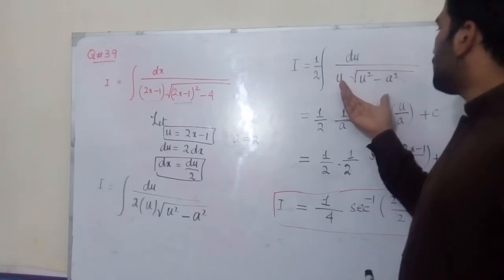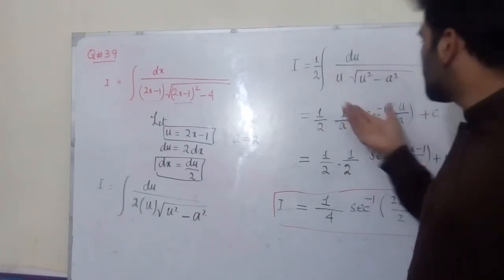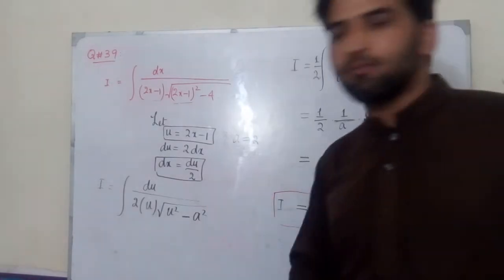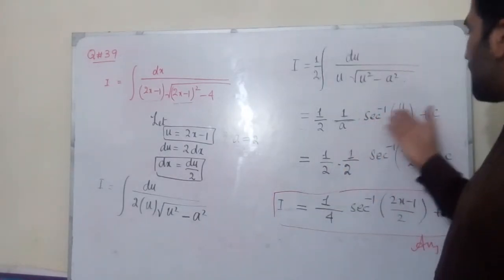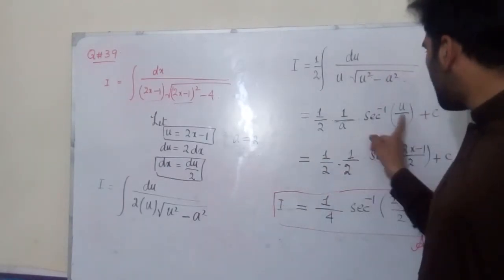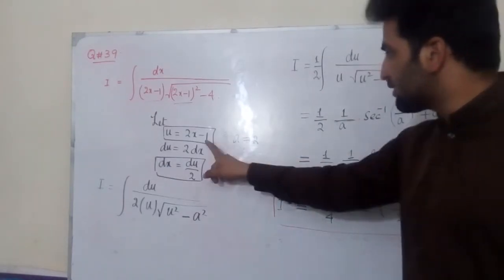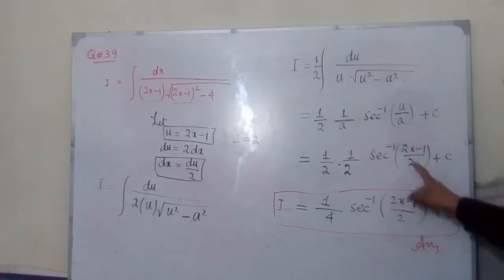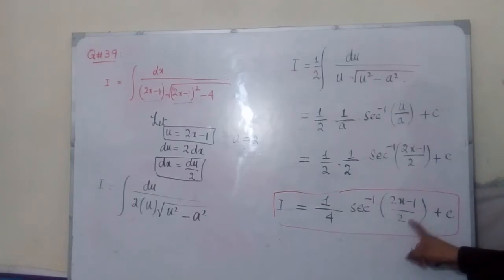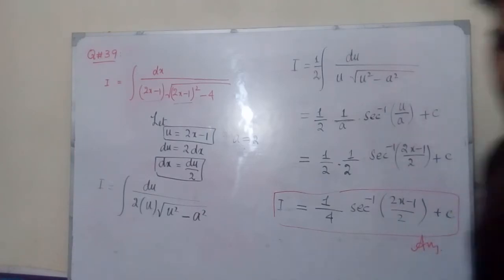Now this is the formula of secant inverse: 1 over a, secant inverse u over a plus c. So put the value of a and u. a is 2, and u is 2x minus 1. So 2 2's are 4, secant inverse of (2x minus 1) over 2 plus c.